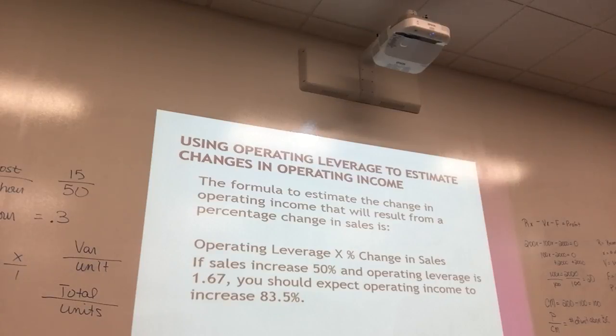My sales increased 50%, my operating leverage is 1.67, I multiply that, so that means my operating income should increase by 83.5%. I just multiply the percentage of sales increase times the operating leverage, and that gives me what my operating income should increase by.